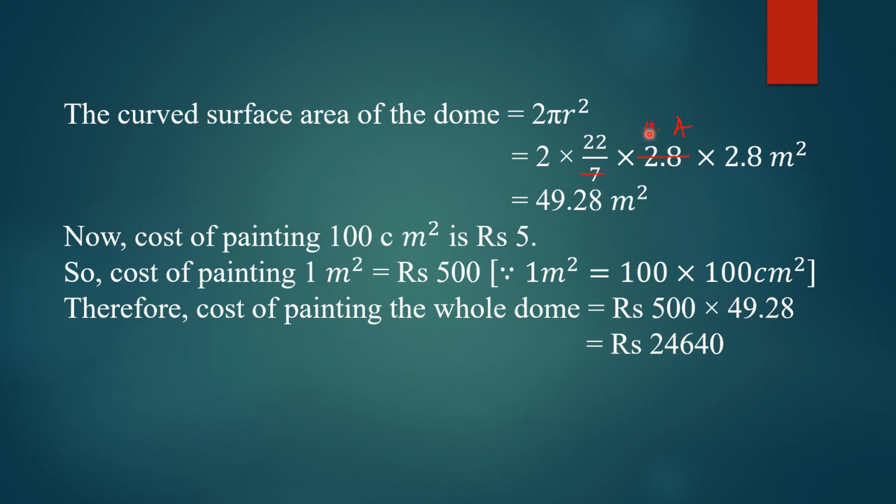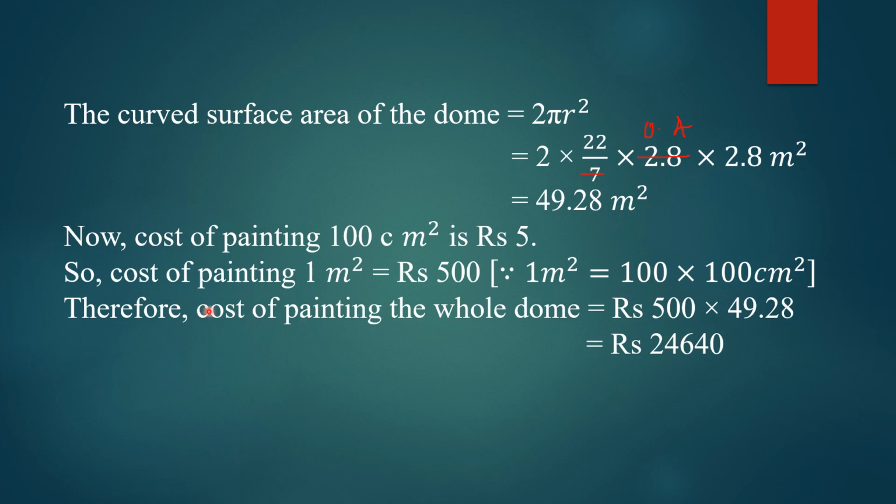Can you multiply all these four numbers, my children? I am not doing that calculation part. I left that calculation part for you. Will you do that multiplication? Now, after multiplying these four numbers, finally what will you get here? 49.28 meters square. Understood this step, my children?